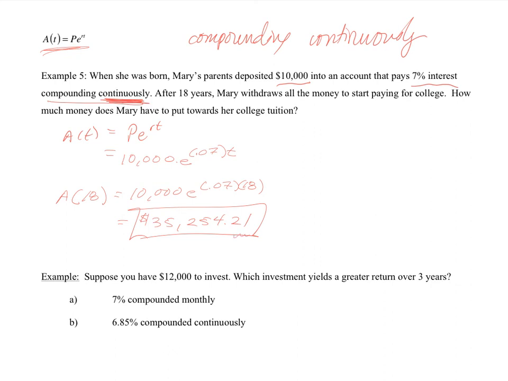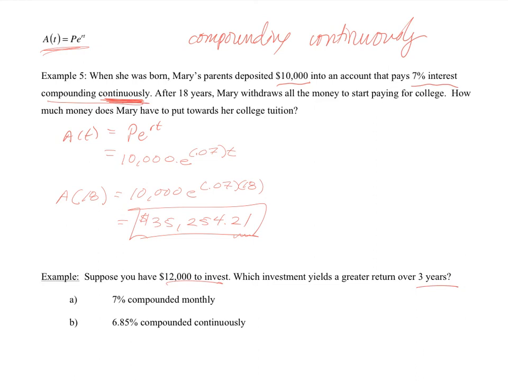Now, since this is dealing with money, in a word problem, you want to make sure that you have the cents included. So let's say you have $12,000 to invest, and you're going to invest it for 3 years. Which of these options is going to give you a greater return over 3 years?